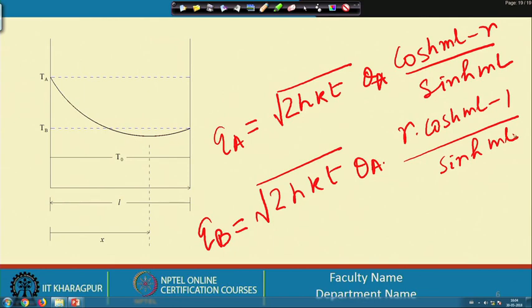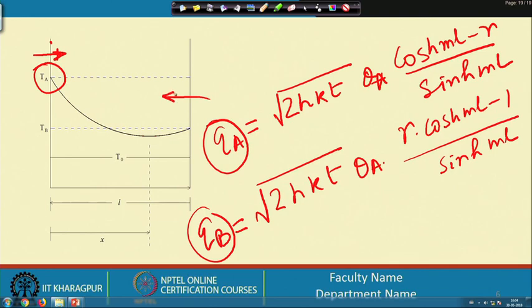So, this is q b and this is q a. That gives you the heat getting transferred from this plate to the fluid and this plate to the fluid. So, once we know this q a and q b, we would be able to find out many things.